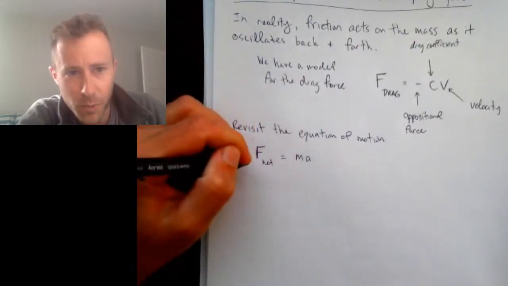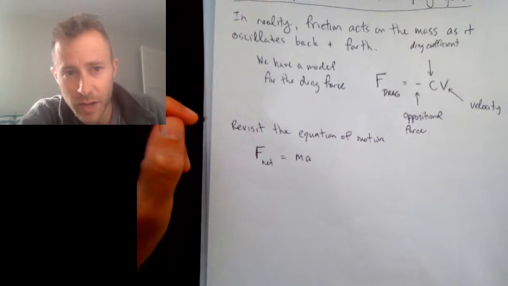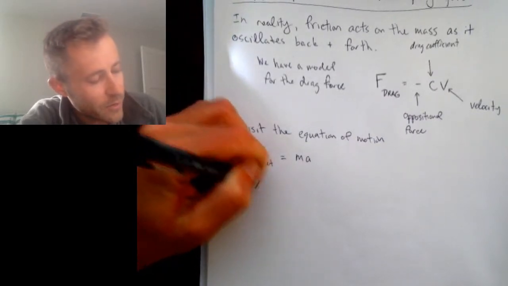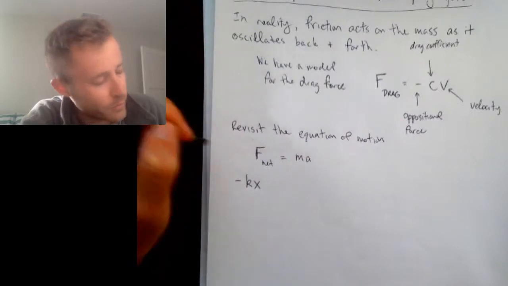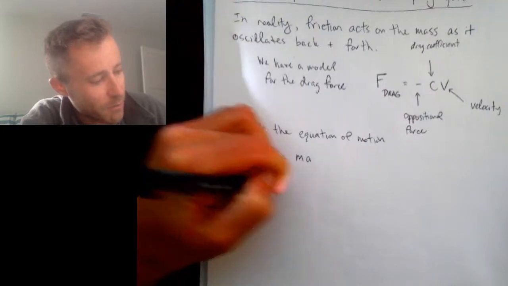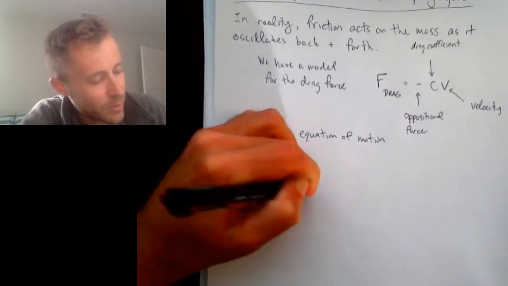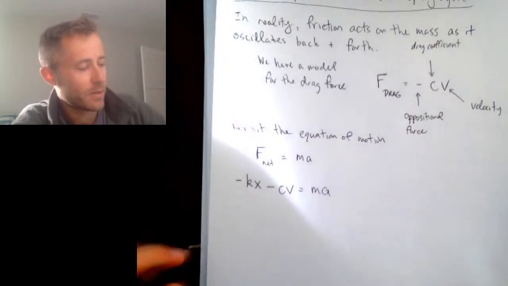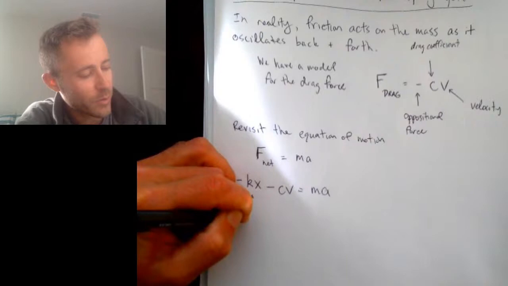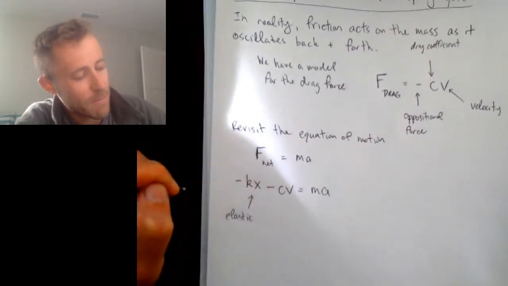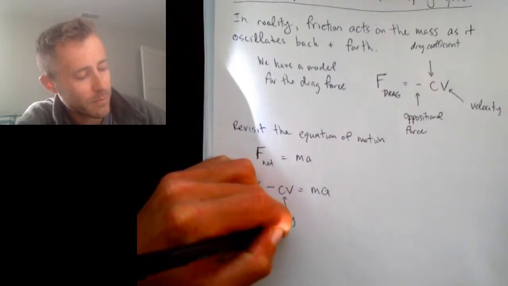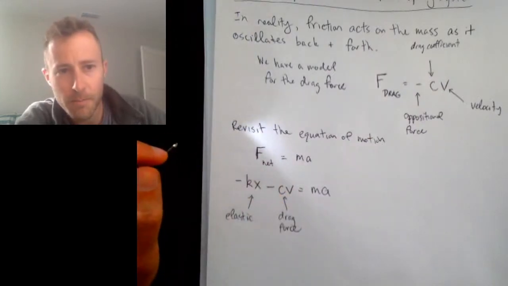And the net force now is not just the elastic force, it is the elastic force and the drag force. So we have minus kx and we have minus cv equals ma. So we have the elastic restoring force and we have the drag force.